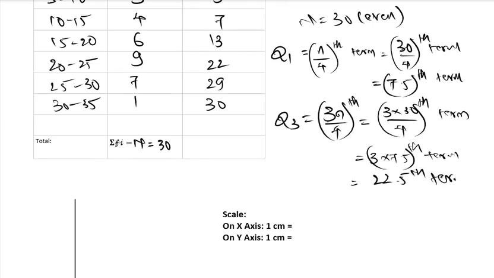These both the terms which we have found with the help of formula, we are going to find their value using ogive, and also the interquartile range. First, let us plot the ogive and then think about interquartile range.